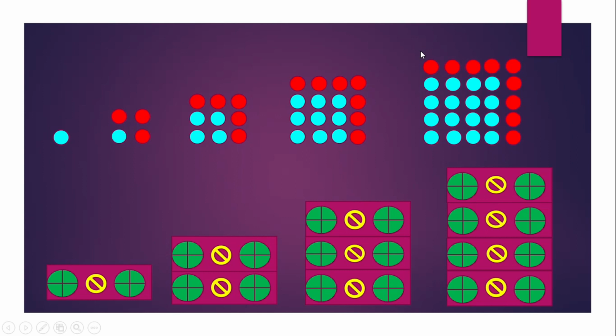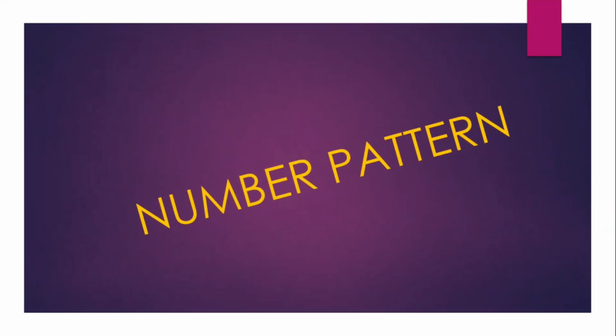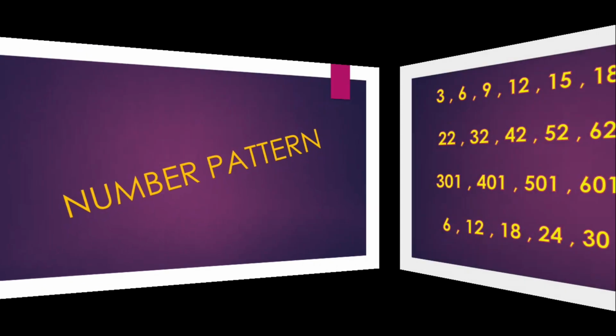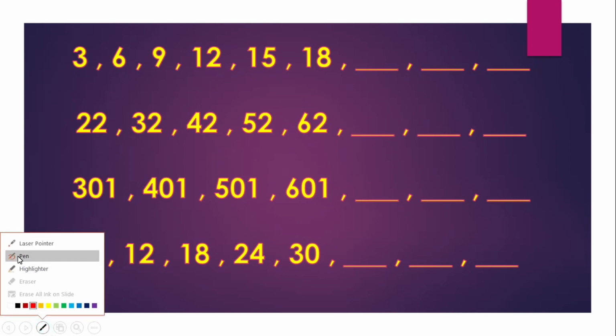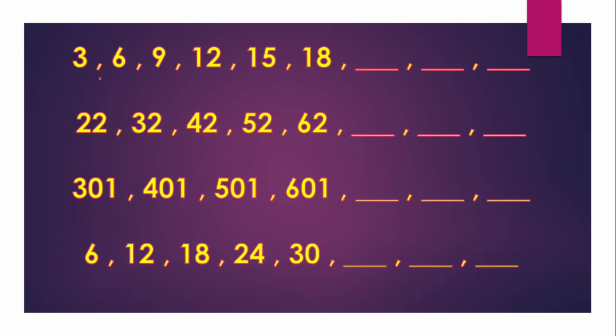Now students, let us move towards the next type of pattern, and that is the number pattern. So here the patterns are totally based on the numbers. As you can see here, the first pattern is 3, 6, 9, 12.